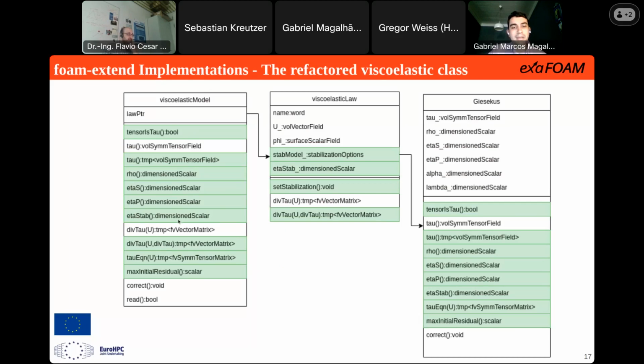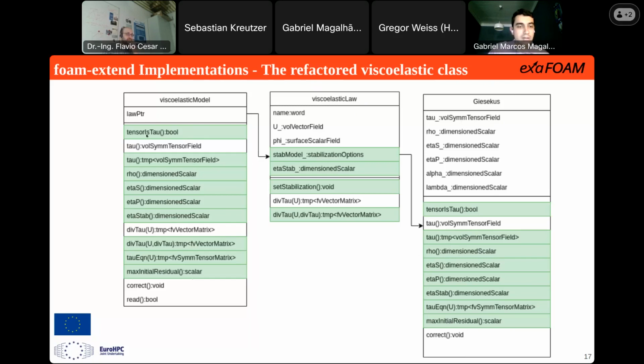So we implemented a refactored version of the viscoelastic class, and here I'm showing the scheme for the mother class, the viscoelastic model, and a son class, the viscoelastic law, and just as an example, the Giesekus rheological model. But all the models in the list at the beginning of our presentation were made compatible with this structure that I'm presenting.